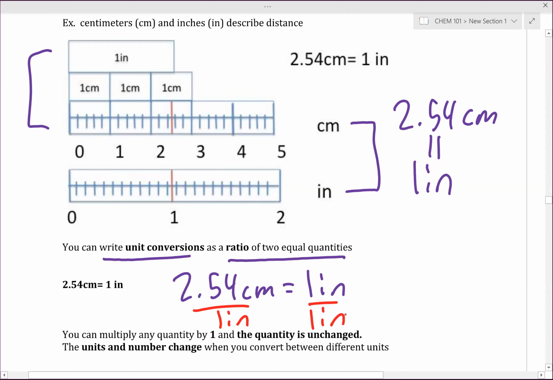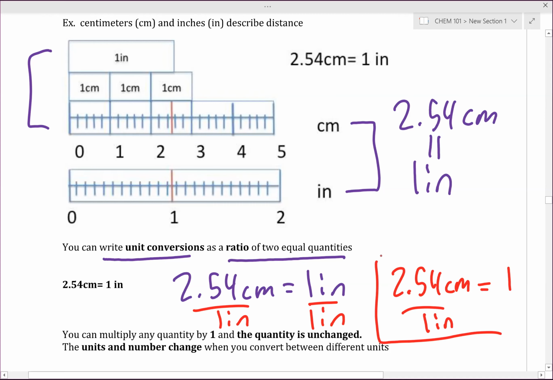So I'm going to divide both of these sides by 1 inch. Okay? And that gives us 2.54 centimeters over 1 inch, and that's equal to 1. What this is saying is that these two quantities are equal, and they're equal to 1. The ratio is equal to 1. Does that make sense? Okay, so this is the mathematical basis for why unit conversions work.